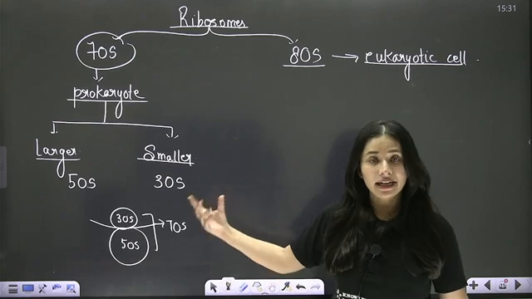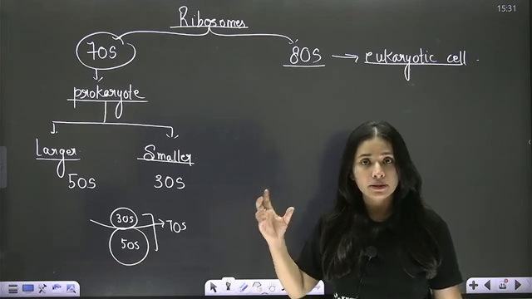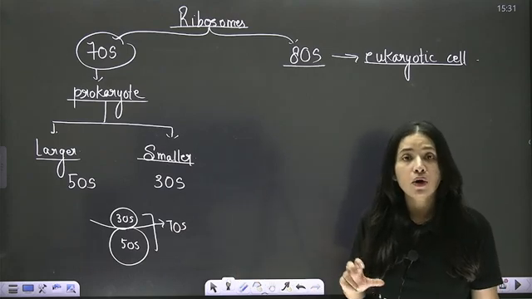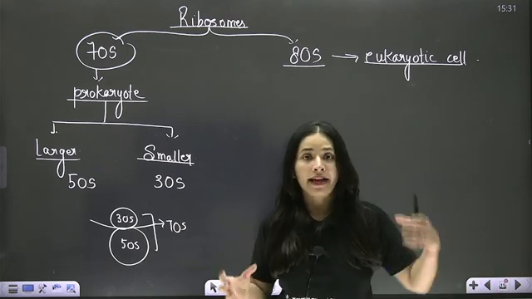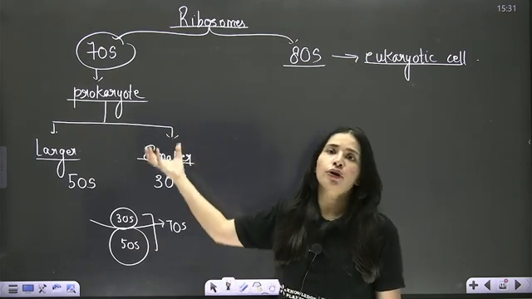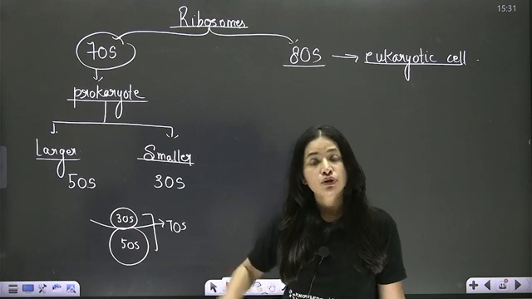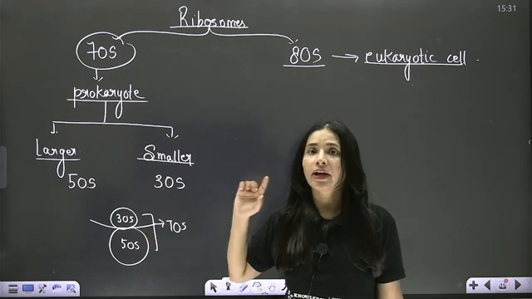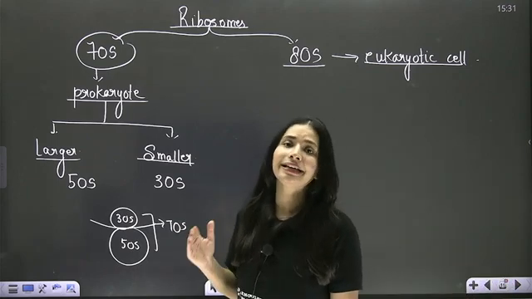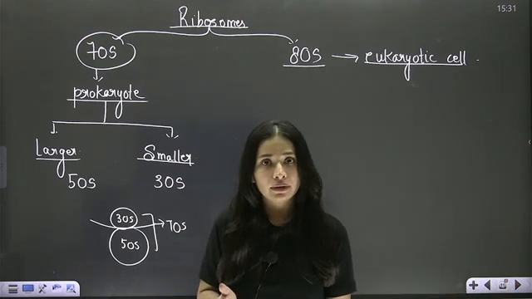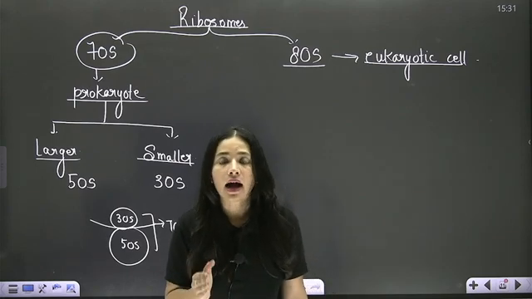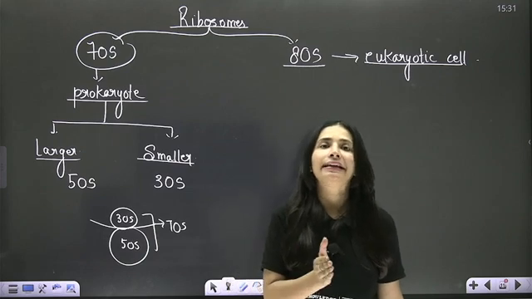So if 30S is called 30, it's because of its density. If 50S is called 50, it's because of its density. And when they are placed together, if the density comes to 70, accordingly the name is 70S. So all these numbers are not additive, rather they are based on their density gradient, which is calculated on the basis of the amount of protein and rRNA found inside them.